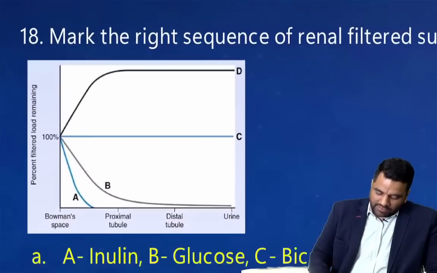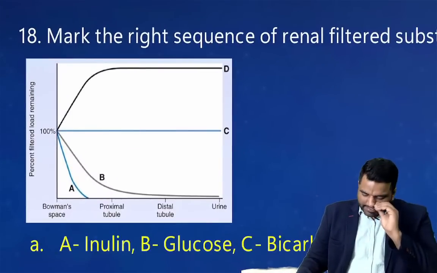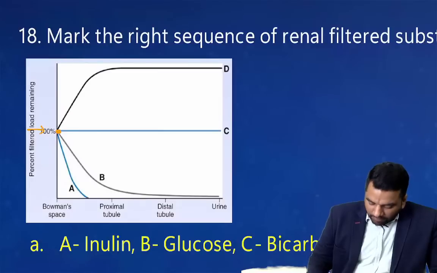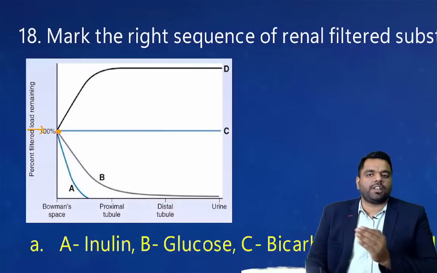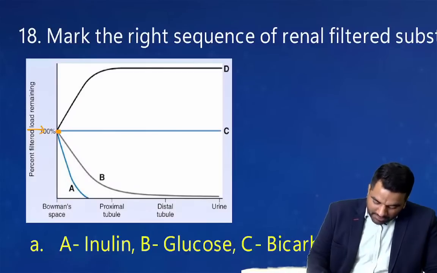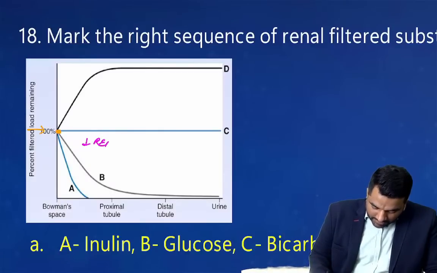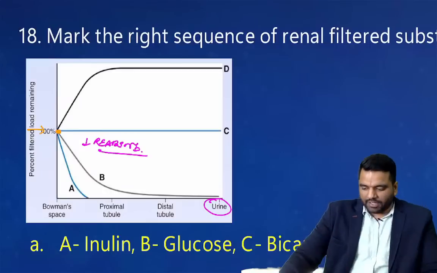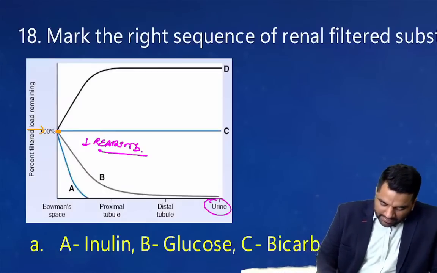What is this graph actually telling? This graph is telling that the substance is coming up to this level. At this level, it filters, and when it filters, it passes through the renal tubules. When it passes through the renal tubules, what happens, beta? Some of them will reabsorb back, so the concentration of those substances in the urine is going to be decreased, and some of them are going to be increased later on.